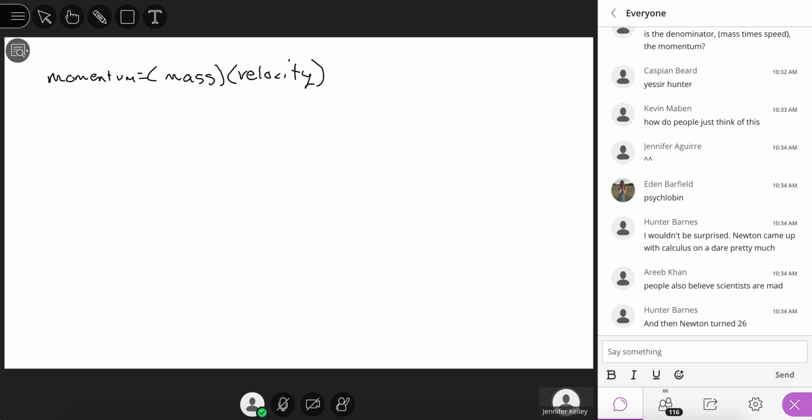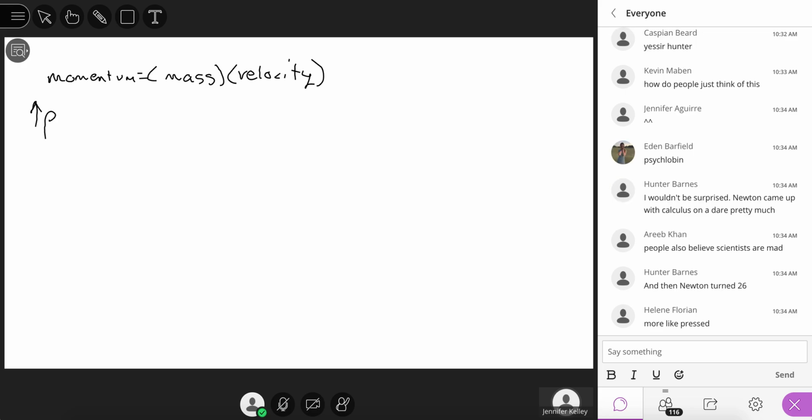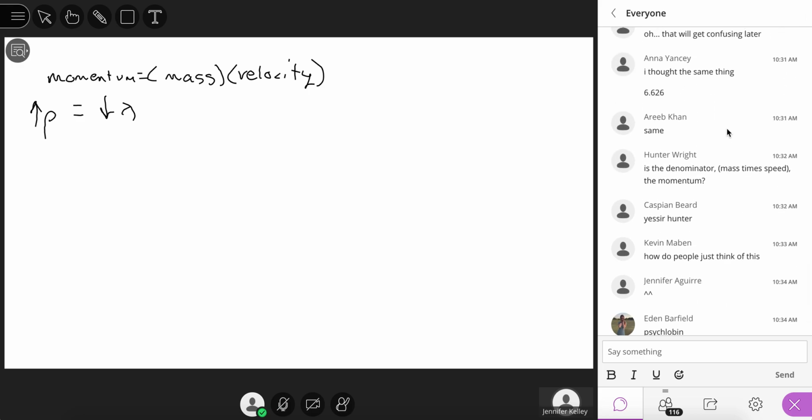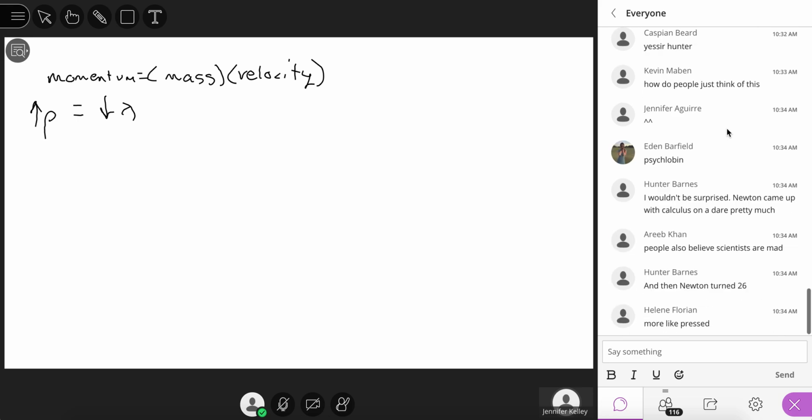So, if you increase the momentum, which is designated with a rho, looks like almost a P, the smaller the wavelength. Or if you decrease momentum, the wavelength increases.